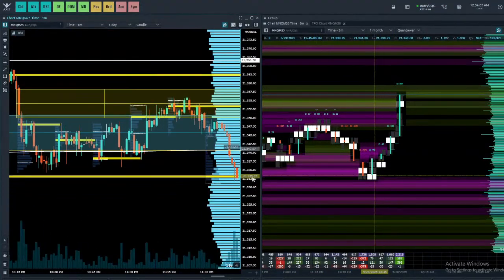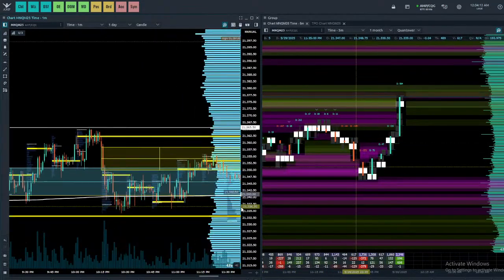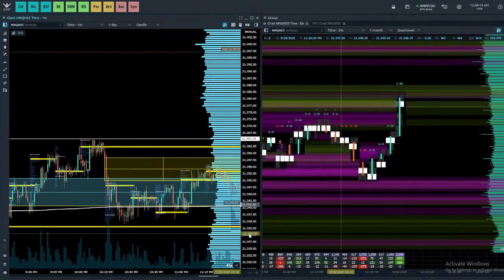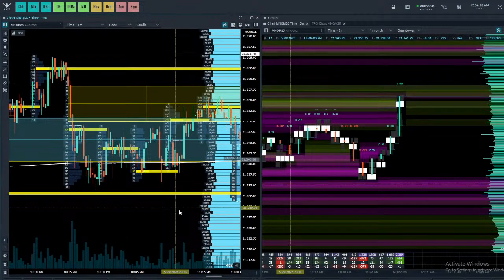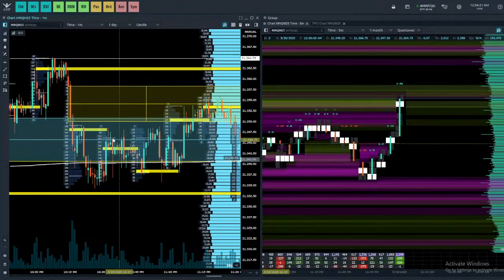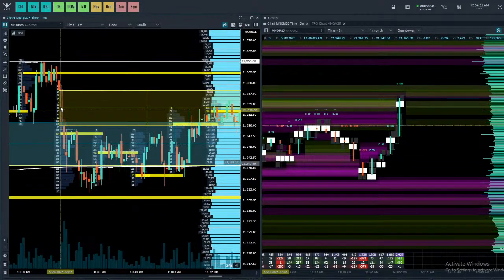Okay, so always look left. I'm gonna get my colors right too. These colors are messing with me because it's hard to see. But always look to the left. What happened to the left before we came up here? We got a fair value gap right here.